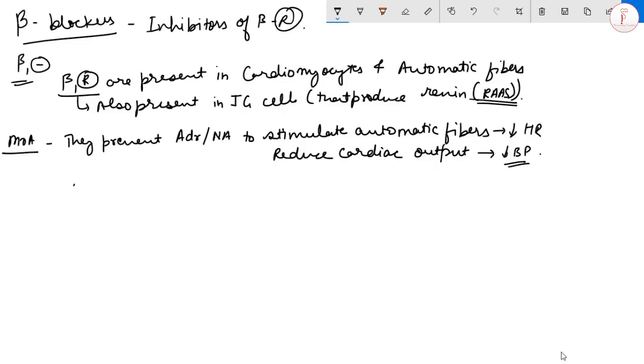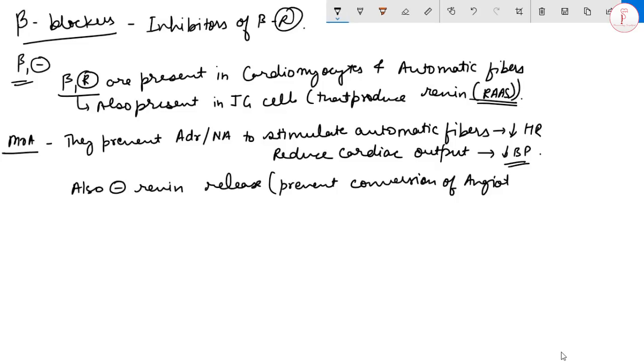So there will be reduced blood pressure. They also inhibit renin release, so they will also contribute towards the inhibition of RAS activation. And you can remember them by olols. They end in olol: propranolol, metoprolol, atenolol, esmolol.